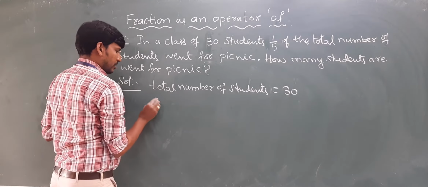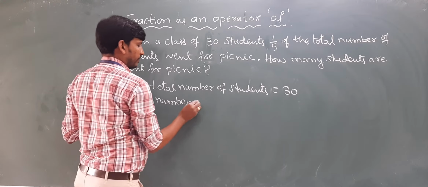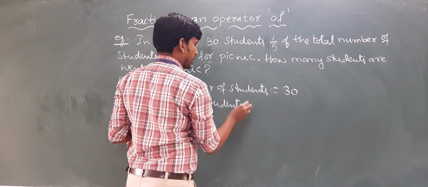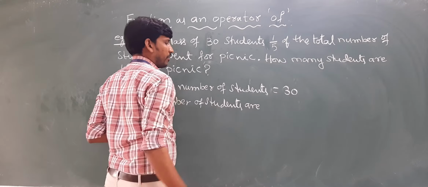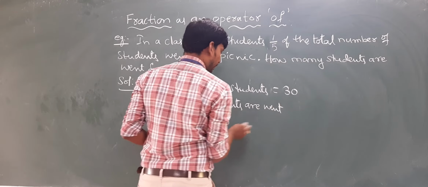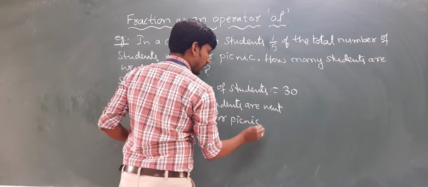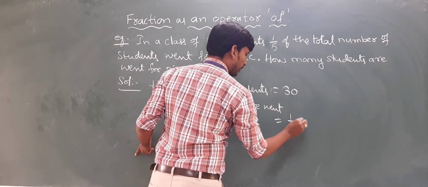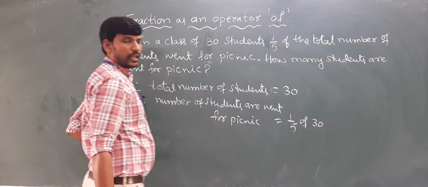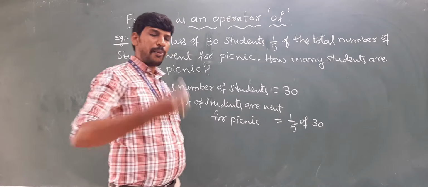Number of students who went for picnic is equal to 1 by 5th of 30. Isn't it? 1 by 5 of 30. Out of 30 students, 1 by 5 went for picnic.